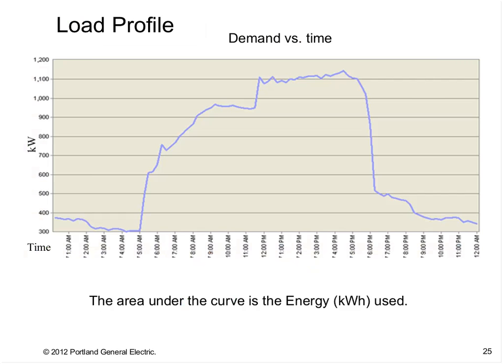Looking at this down here to the left, you'll see the beginning of the day to about 5 a.m. averages probably about 340 kW. And that goes on for about 5 hours.